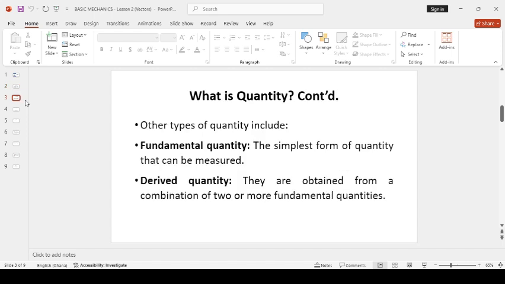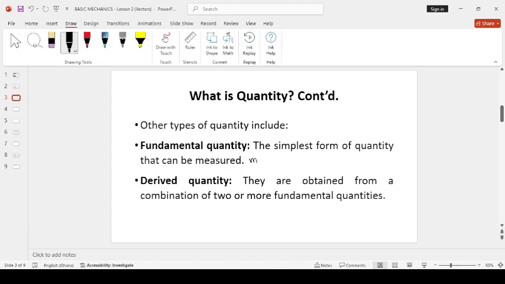Then when we say fundamental quantity, it's the simplest form of quantity that can be measured. There are 7 fundamental quantities, and some of them include mass, length, and time.